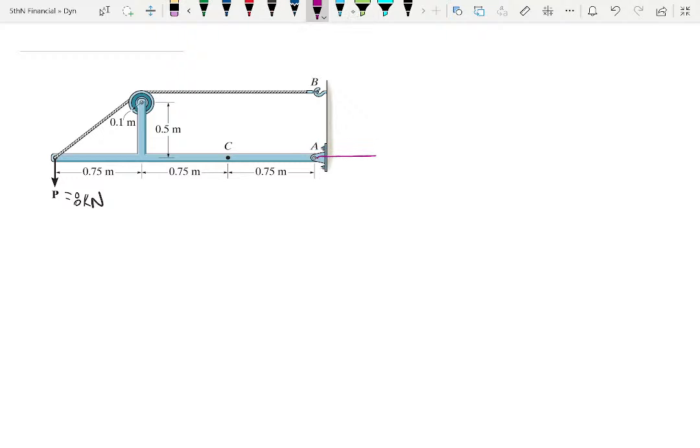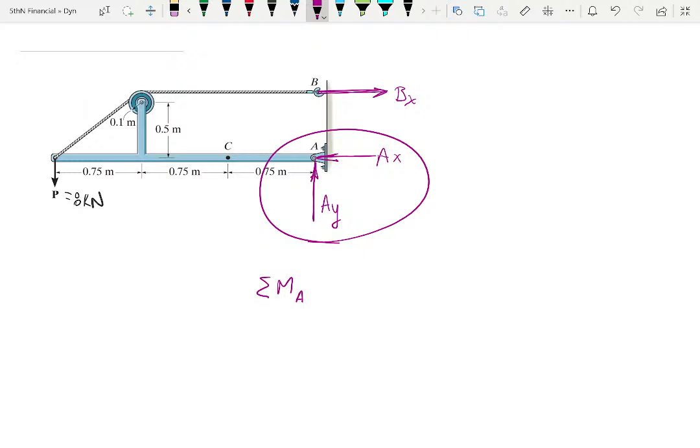I'm just going to guess these directions: AX, AY. There's only going to be a BX here. If the first thing I do is sum the moments about A, I'll eliminate those two. They're gone.